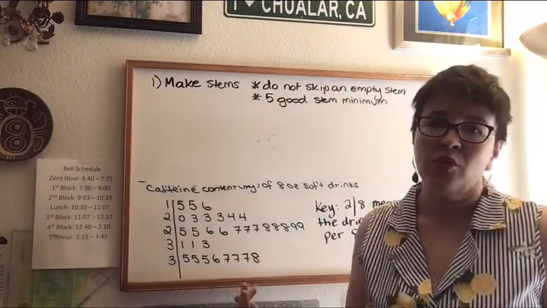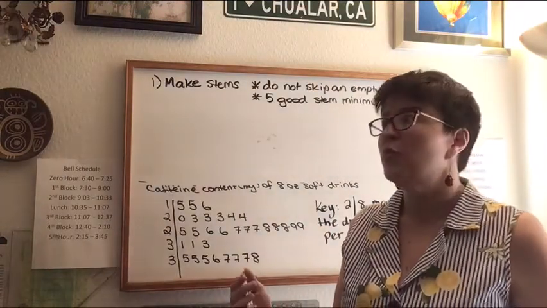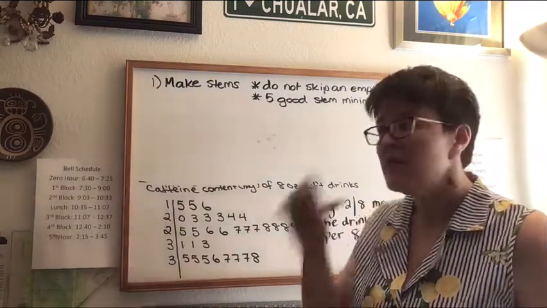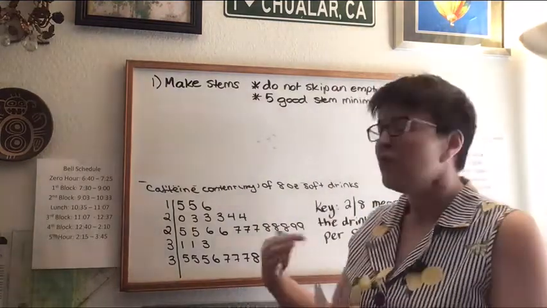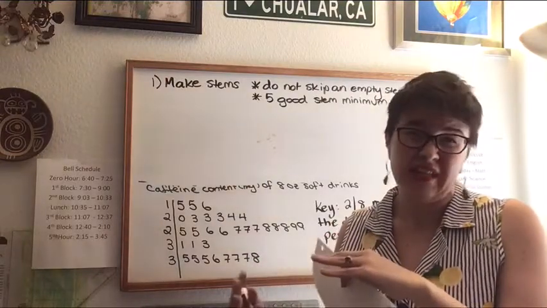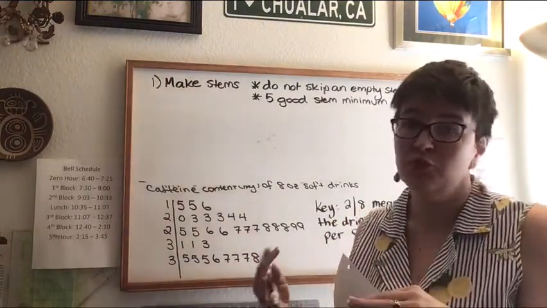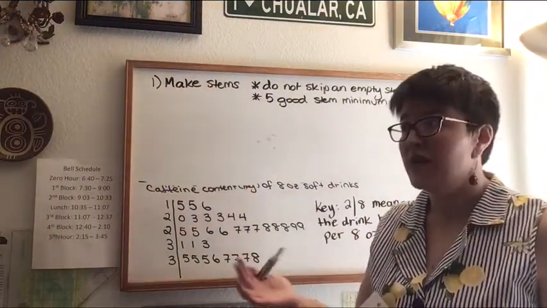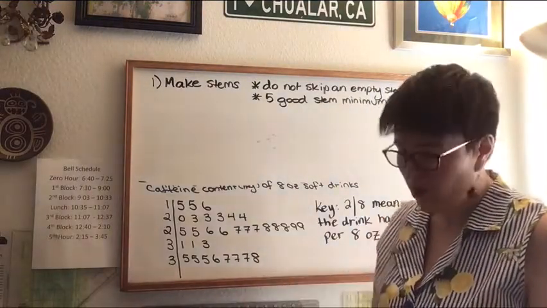You also don't want to get more than 5. If you put 20 stems there, keep in mind you now have to keep track of 20 stems. So depending on your data, you generally want between 5 and 10 stems. If you have a ton of data, then go ahead and do more stems. But you want to be able to look at your data and interpret what's happening and not spend your whole life trying to figure out how to put it all into your plot.